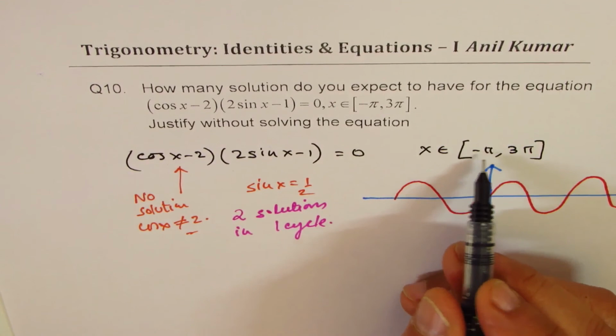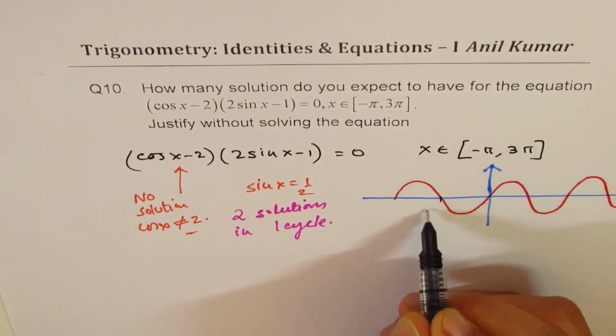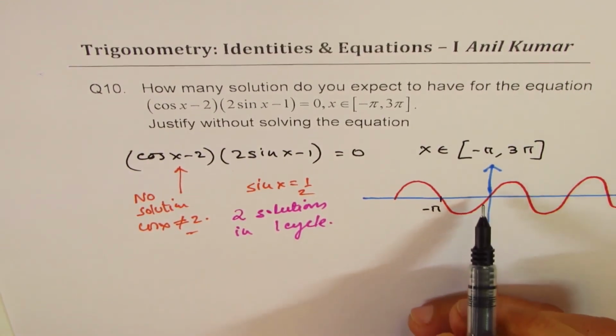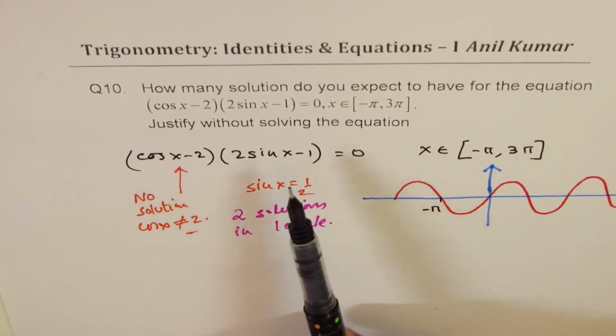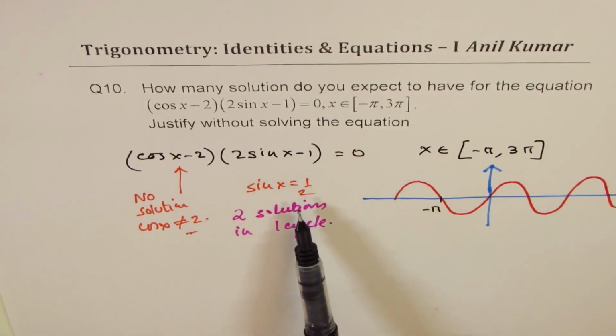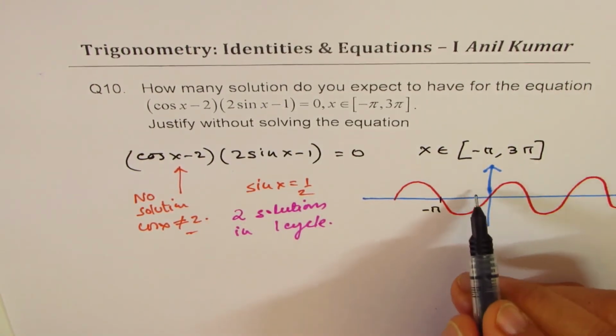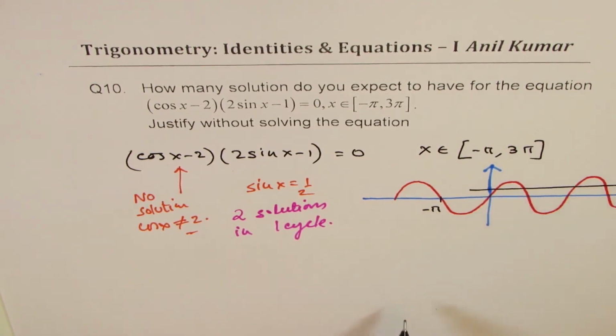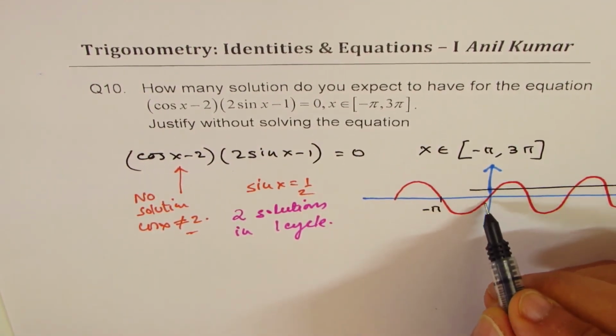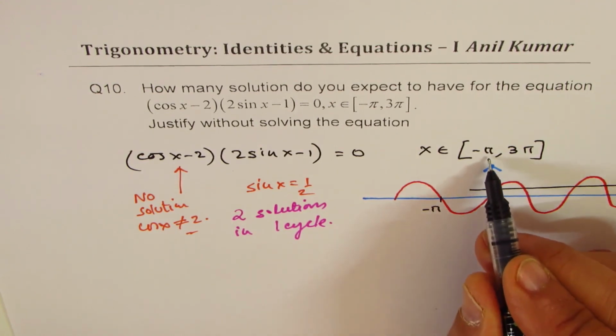So when I say minus pi, that means we are here. This is minus pi. And when we are saying that we have to go half means this line. Okay. Now on the negative side, we do not have any solution.